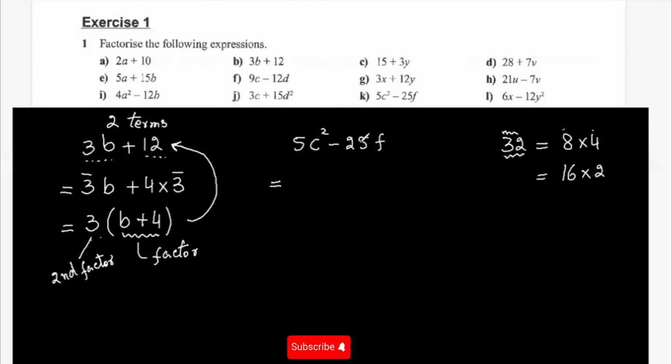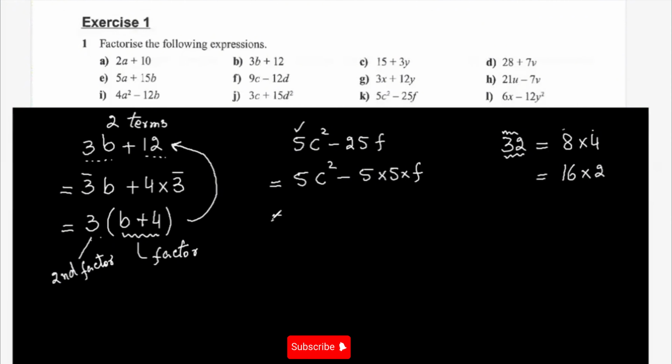So 25 is a factor of the second term, but 25 we can write as 5 times 5 just to find a common factor. So we have this expression as 5c square minus 5 times 5 times f.